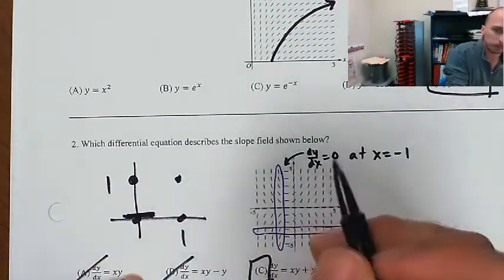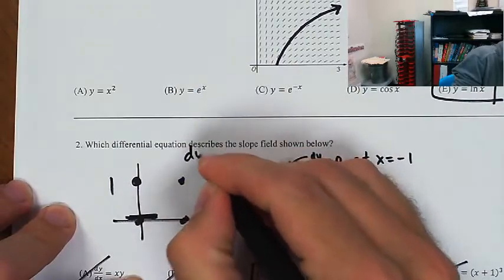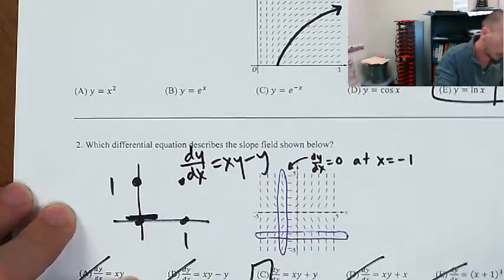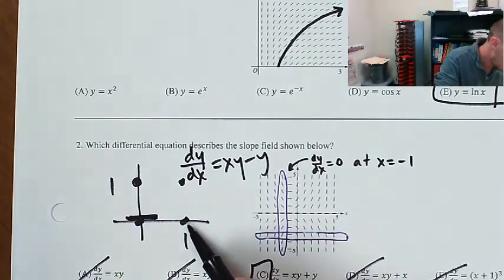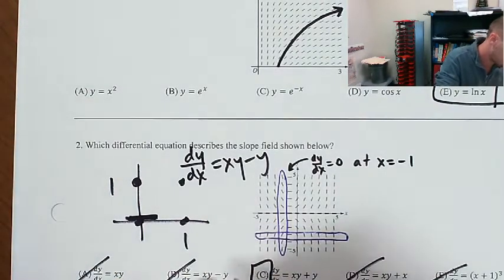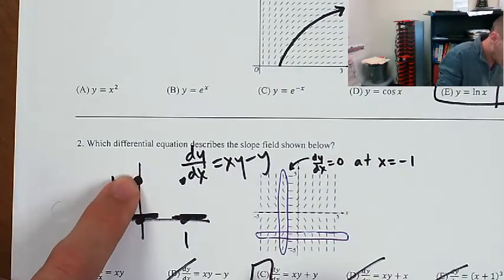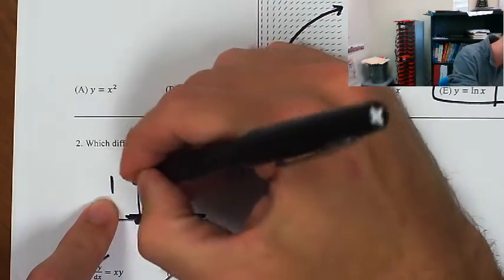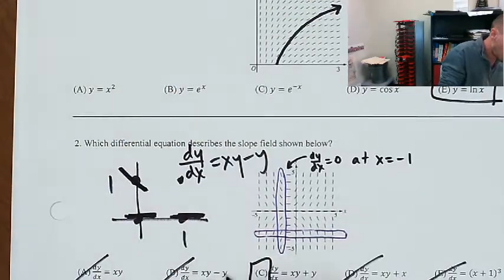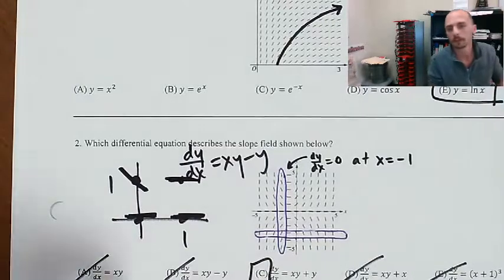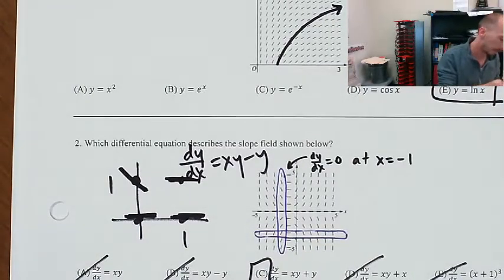I wasn't very explicit here, but I'm doing dy/dx equals xy minus y right here. At x equals 1 and y equals 0, it's also going to be a 0 slope. At x equals 0 and y equals 1, I'm going to have a -1 slope. And at 1, 1, I'm going to have another 0 slope. Okay? So that's just a small window into what you might be asked to do.